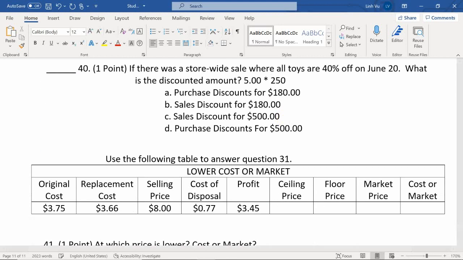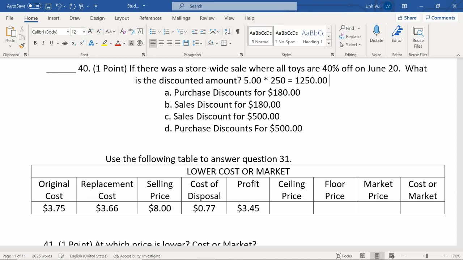So what is my total amount of sales? If I sold 250 toys at $5 each on June 20th, what is my total? $1,250.